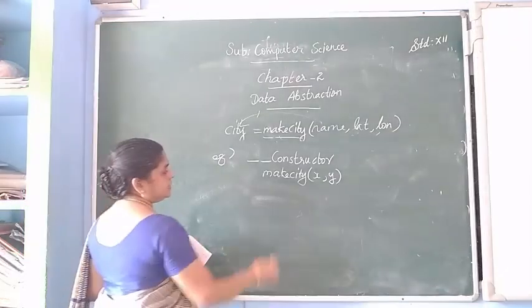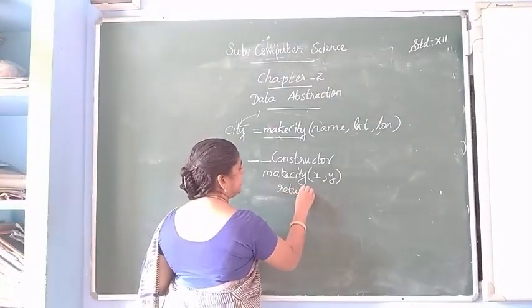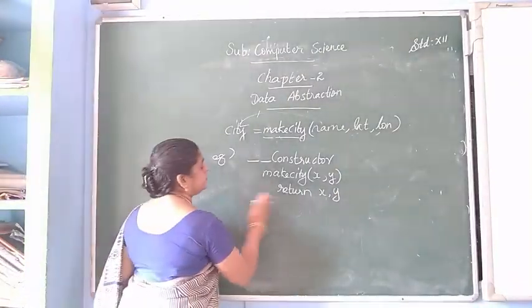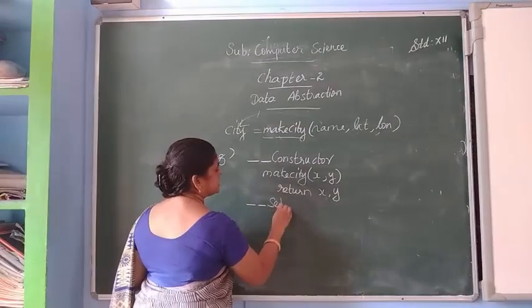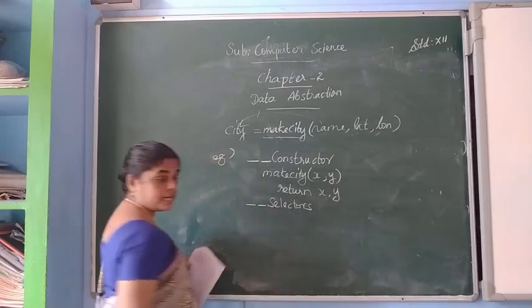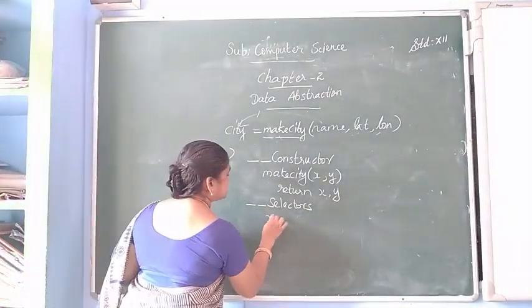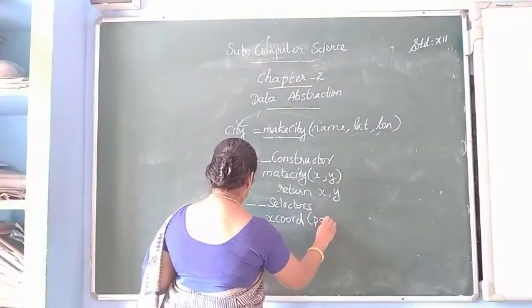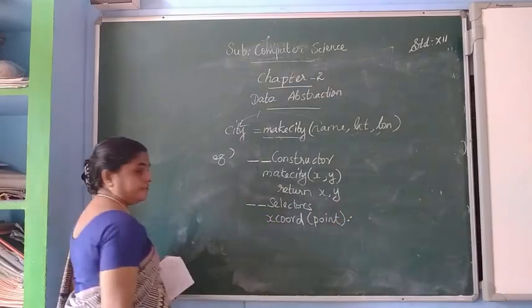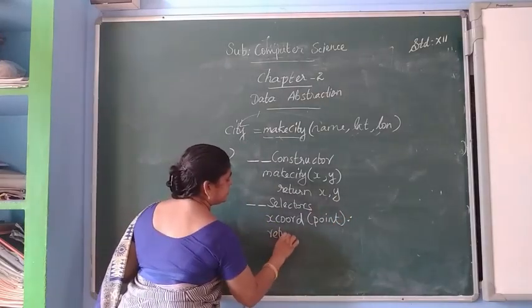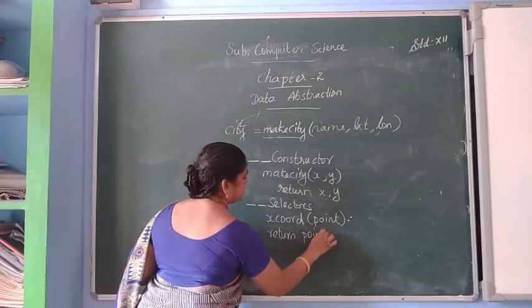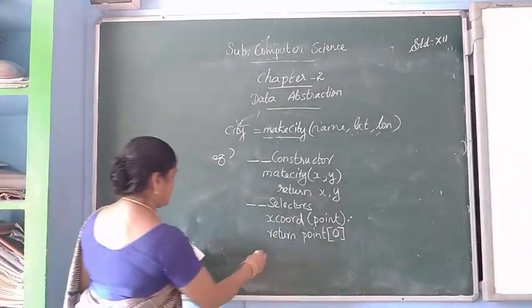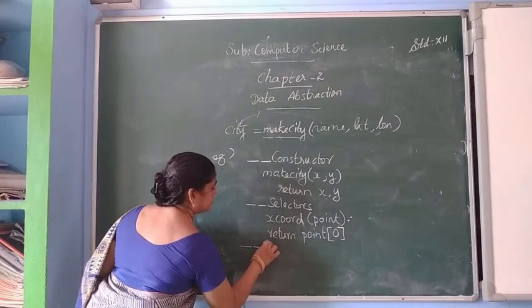Then we are returning the arguments, return x comma y. This is the constructor. Then double underscore selectors. Here we are giving x coordinate of point. Then we are returning the value, that is return point of 0.